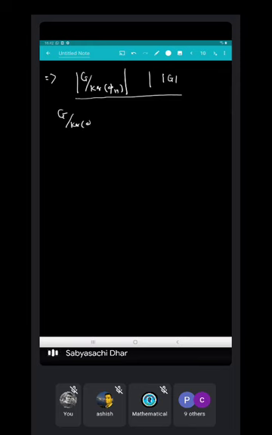So this is phi_H. It divides the order of S_p, which is p factorial, that is p times p minus 1 times down to 1.